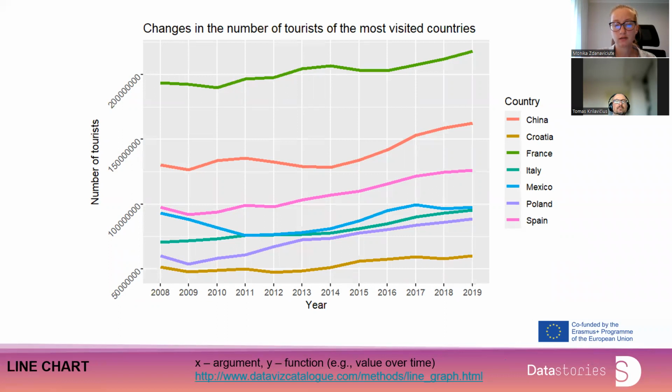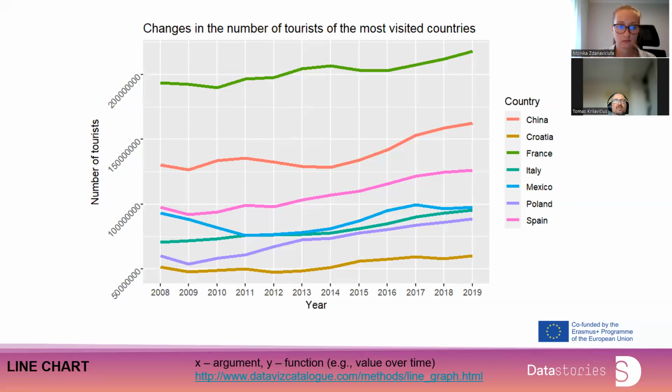We can see that the highest line is green, which is France. That means that France has the biggest tourist numbers of all countries. And also we can see that all of these lines are increasing.